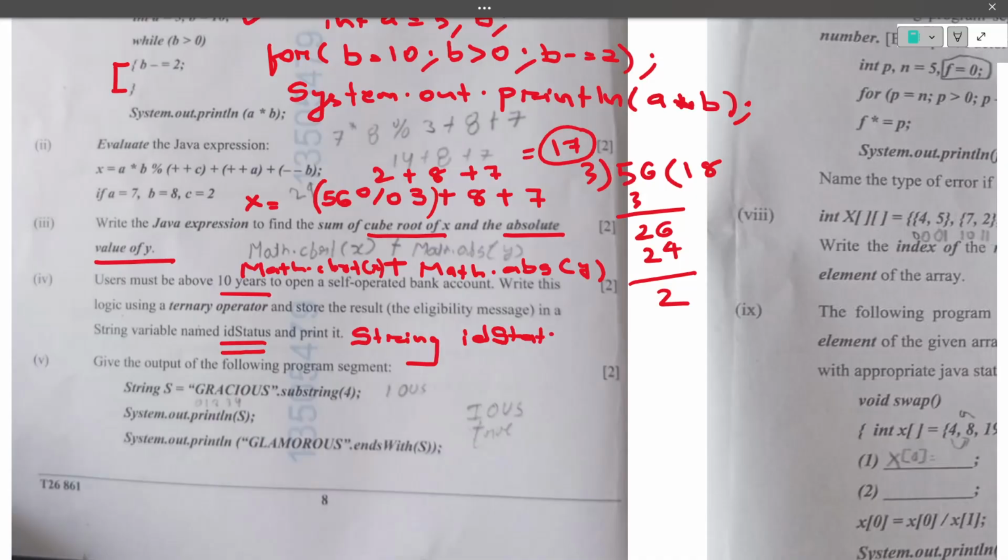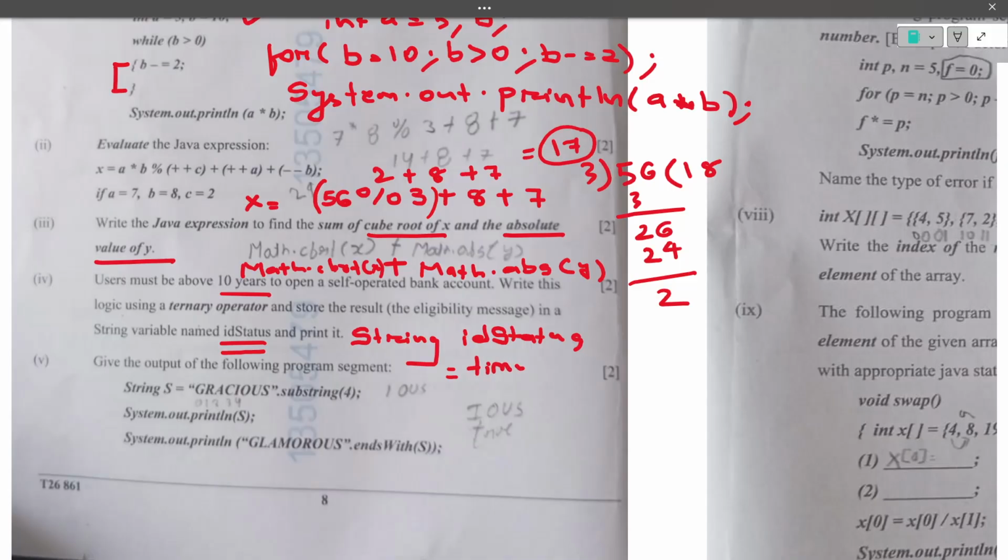ID status is equal to, I need to check the years. Is it given which variable needs to be taken for the years? User must be 10 years. No, it is not given which one should be taken. Only it has said I need to store it. So I can take time.